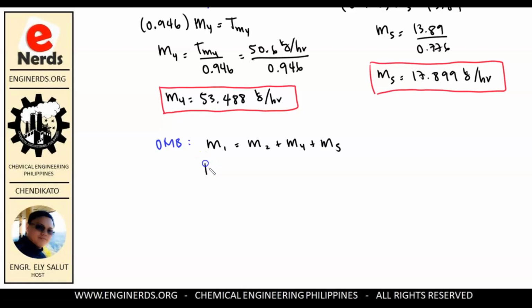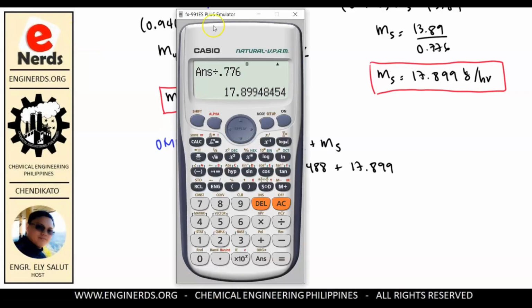Our M1 is equal to 100 is equal to M2 plus our M4, which is 53.488 plus our M5, which is 17.899.